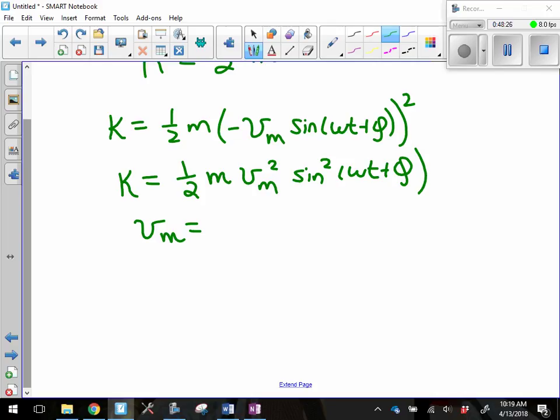What is it, Sari? Well, no, I only want what the v_m is, which is the thing that comes in front of the sine, which is what? When we took the derivative, what is it? Omega x_m. Okay.